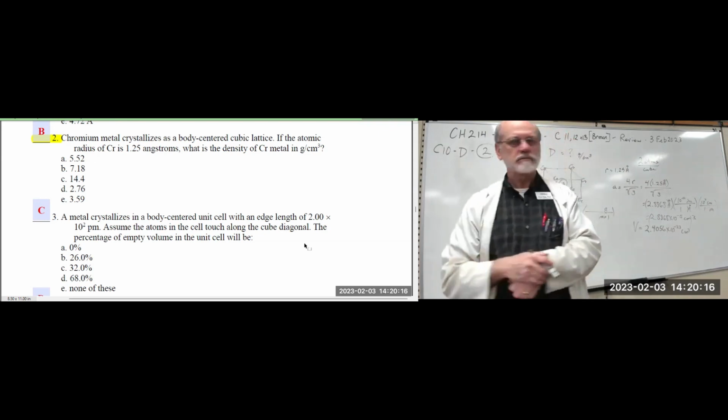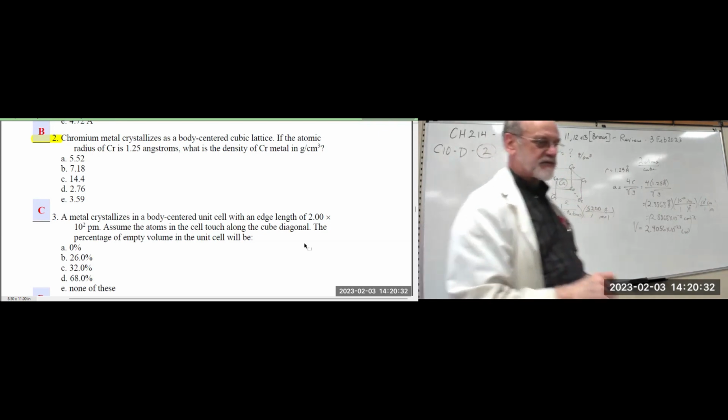So 1 mole is how many grams? It's easier for me to look it up here. Chromium, 51.99, 52.00. 52.00 grams per mole. Okay, so that will give us the mass for that volume.